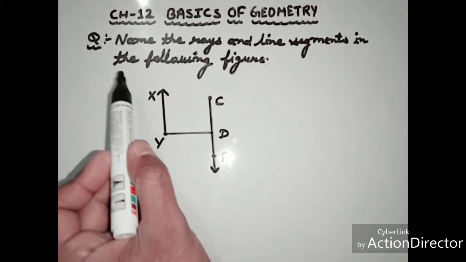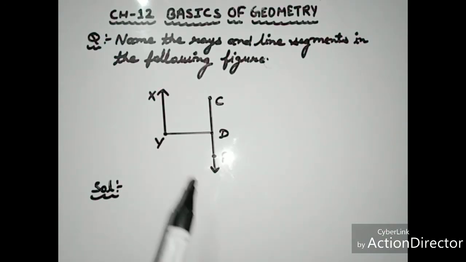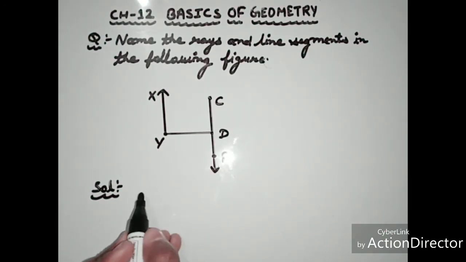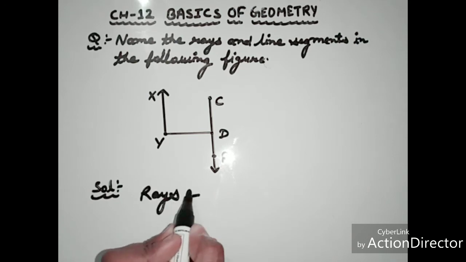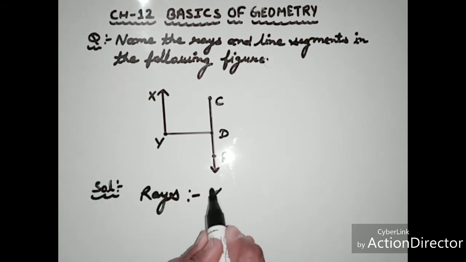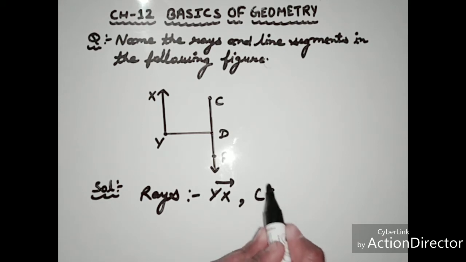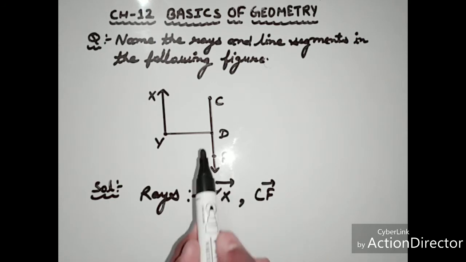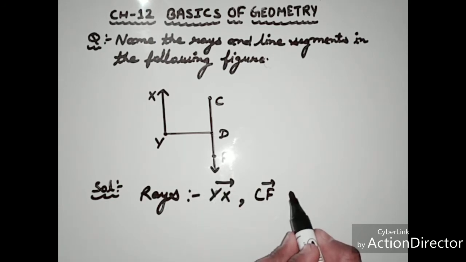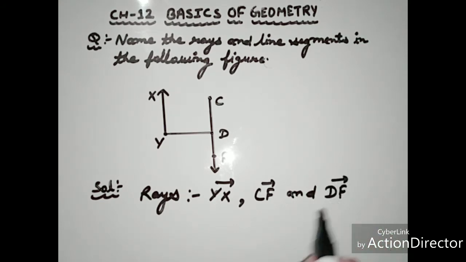Now the next example: name the rays and the line segments in the following figure. Here, first we find rays. So the first ray is ray YX, comma, ray CF, and ray DF. These are three rays in this given figure.